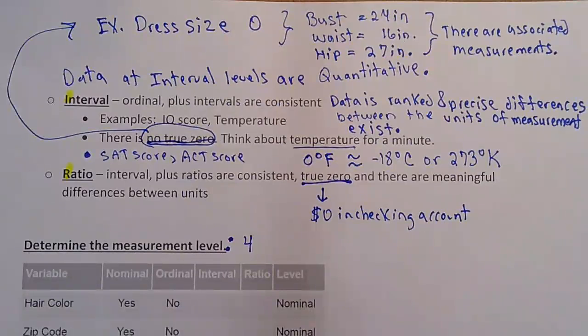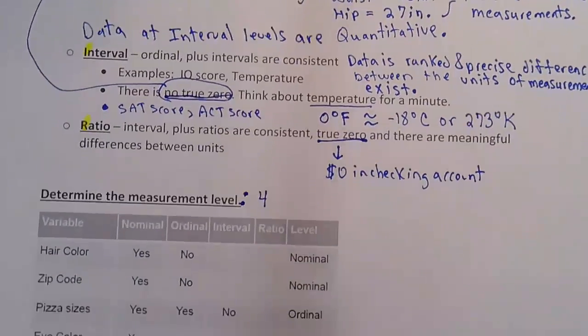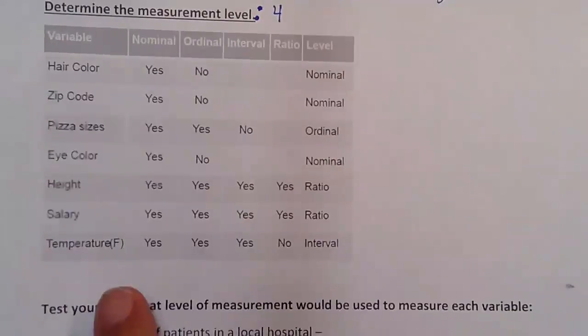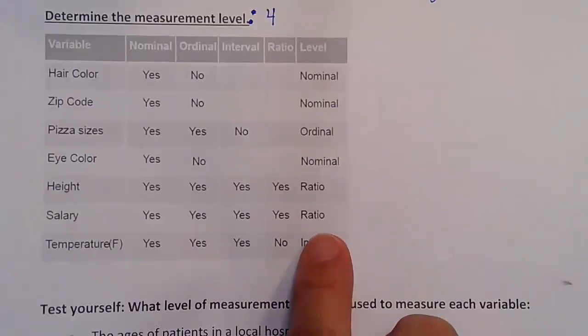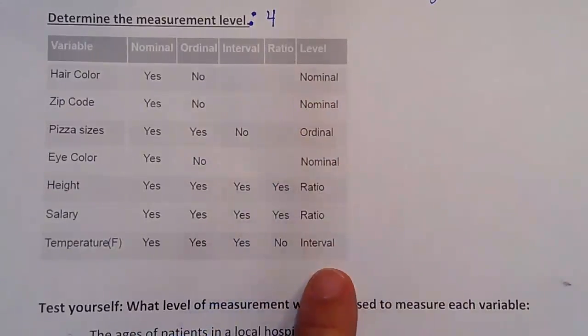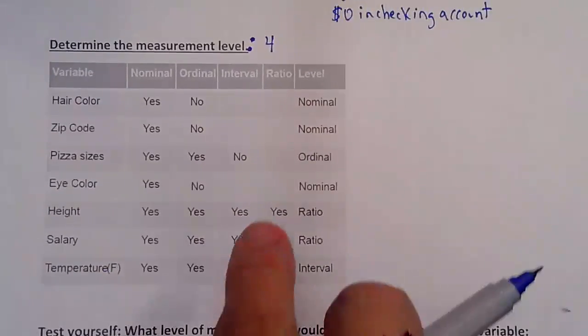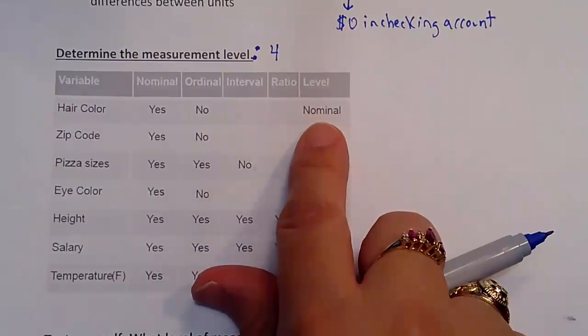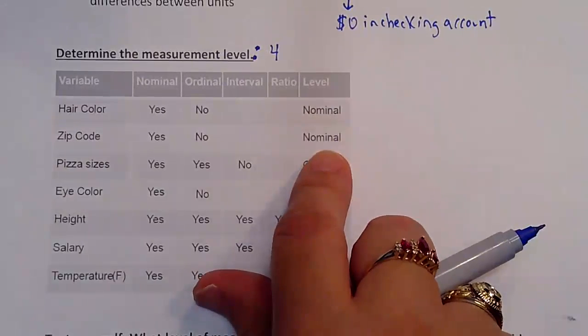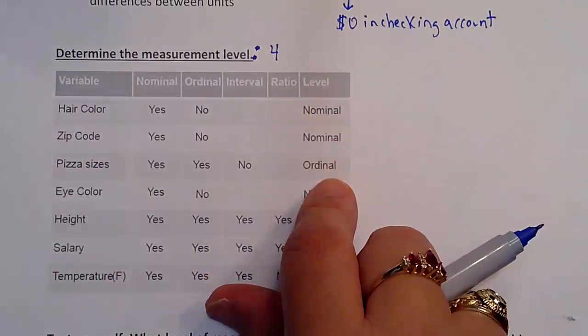Some examples for interval. Some of the examples they give, let's see if I can see some here. Yeah, they have temperature. If you look over here, temperature is interval, and that's the only one they have for interval. The first two we did, N and O. So nominal is hair color and zip codes. I had listed zip codes. The hair color I listed on the initial flow chart.